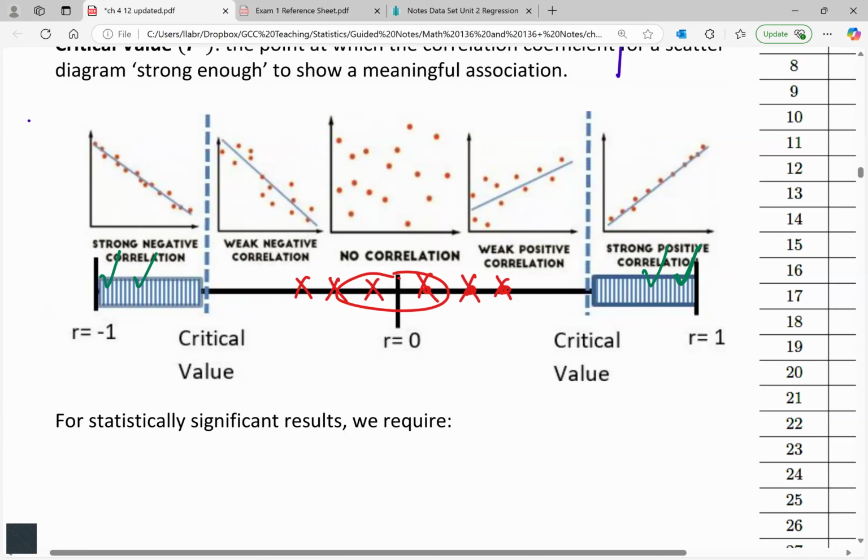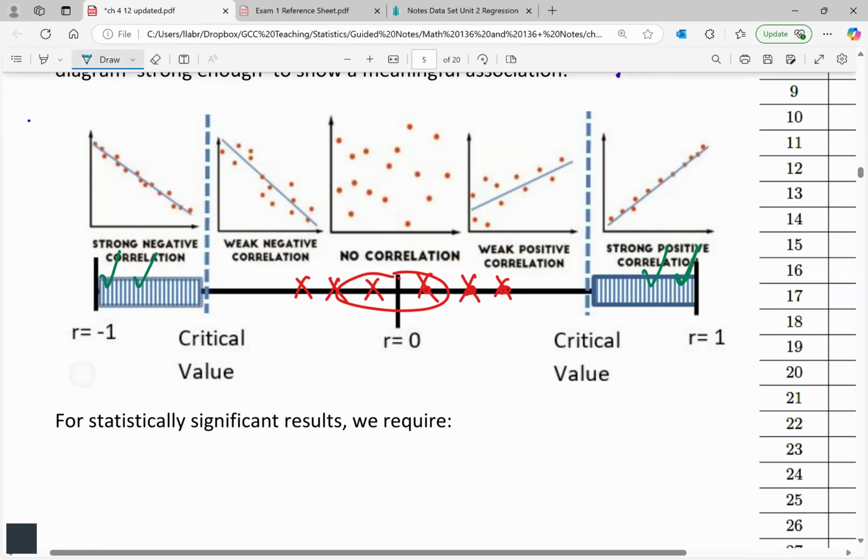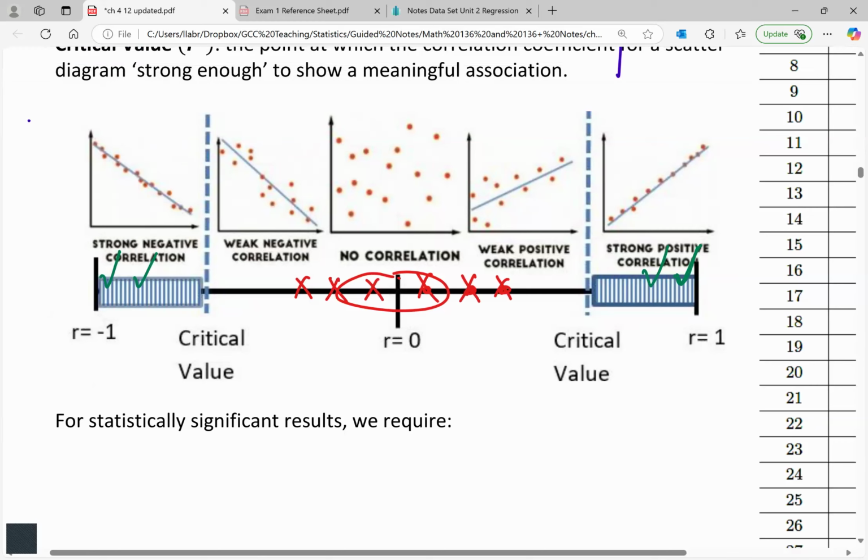And so there is going to be this cutoff point, kind of like the upper fence and lower fence. And that's called the critical value. The critical value is going to be the cutoff point at which we're going to say we do, in fact, have a significant relationship. And that's called R star. So R star is going to be your value to beat.